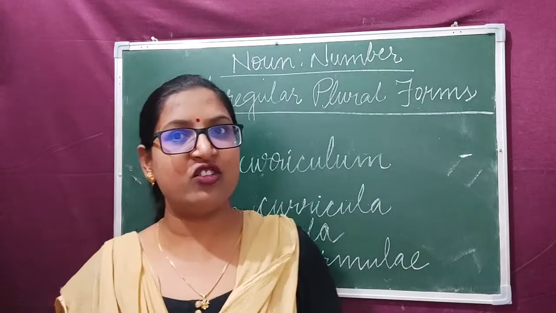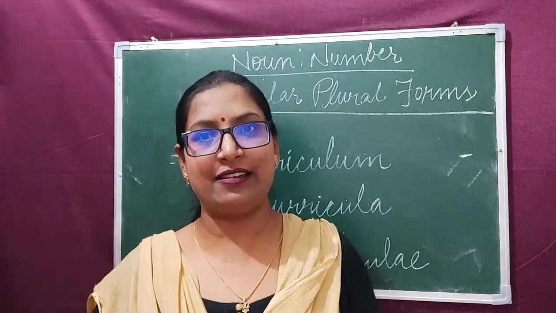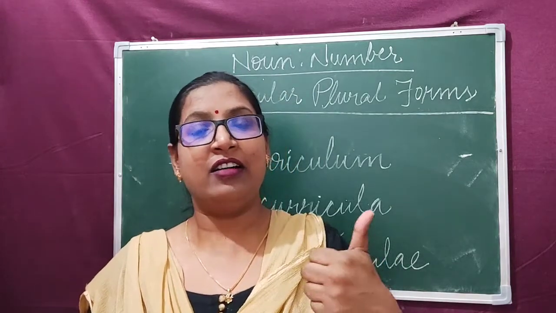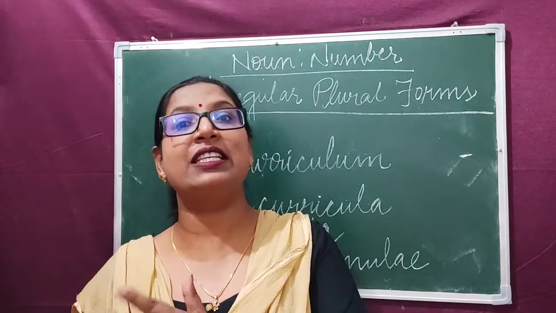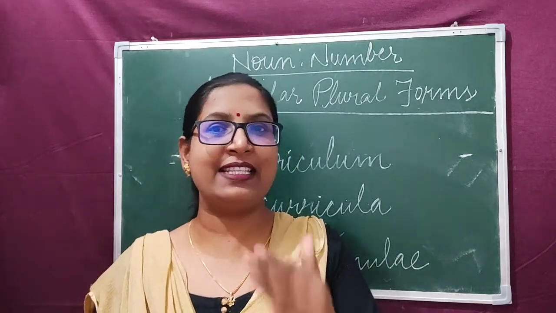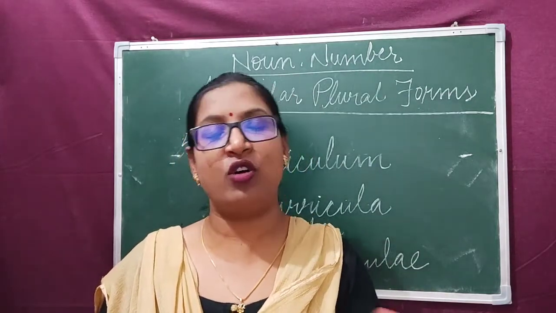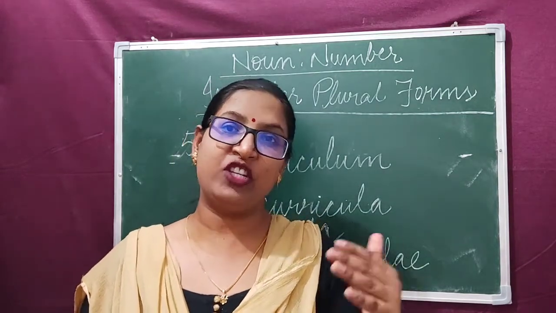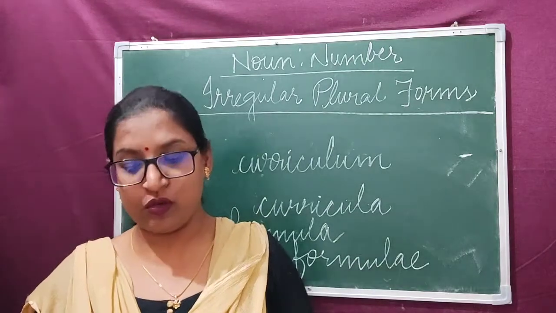Like our nationality, we are Indian. We are Indians. Clear? Indian is a nationality. Its plural is Indians. But Chinese, as it's ending with ESE, we do not get any plural word for this. It remains the same in singular and plural also.